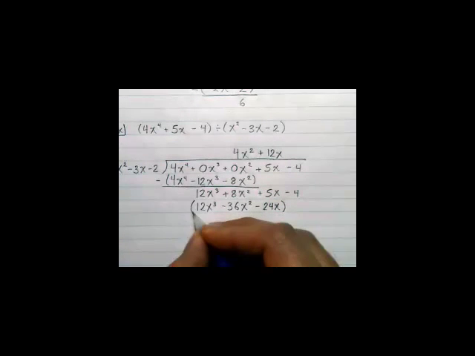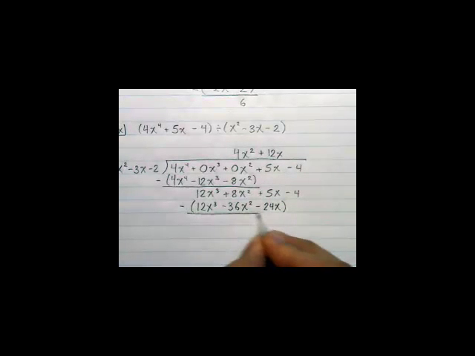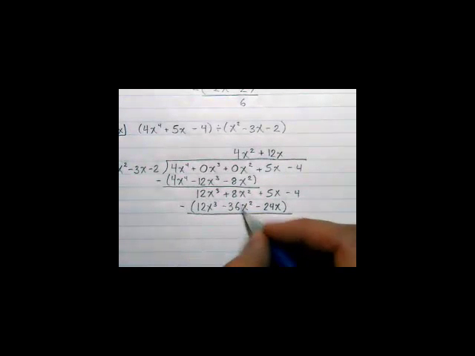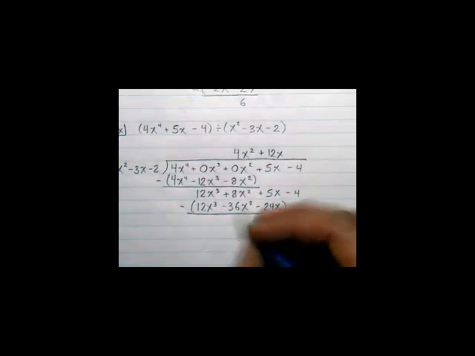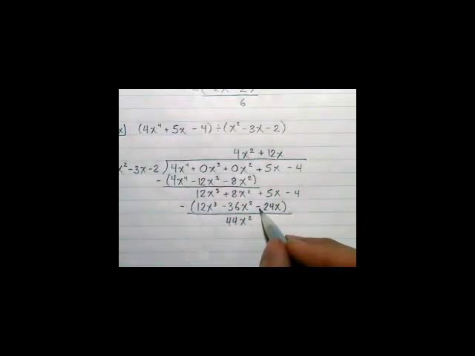Okay, subtract all that. Should be gone. 8 minus negative 36, 8 plus 36, 44x squared. 5 minus negative 24, 29. Sorry, I have to go fast.